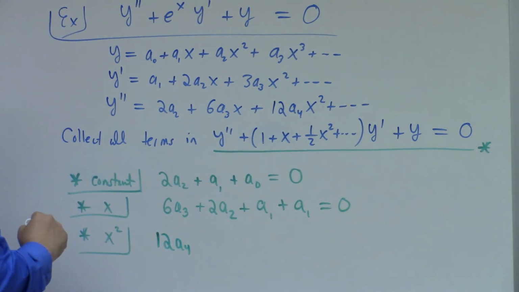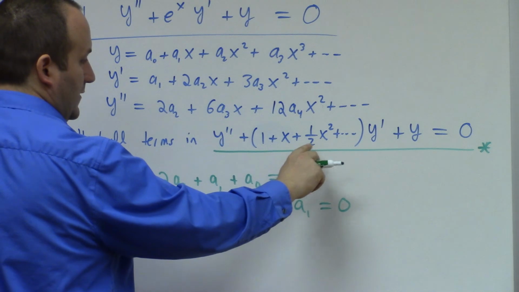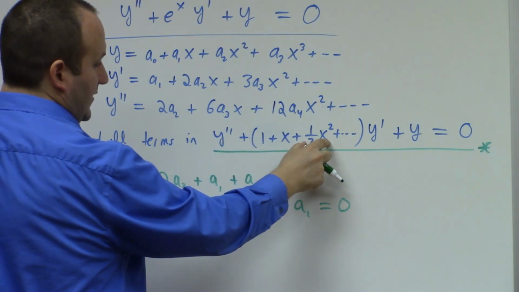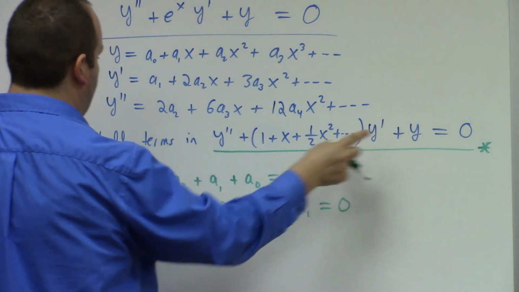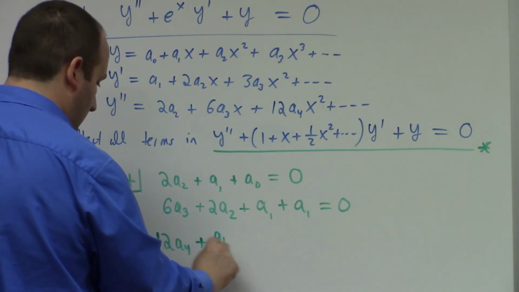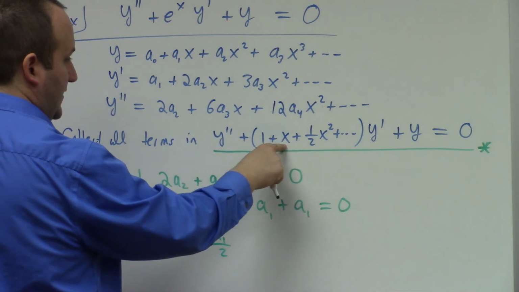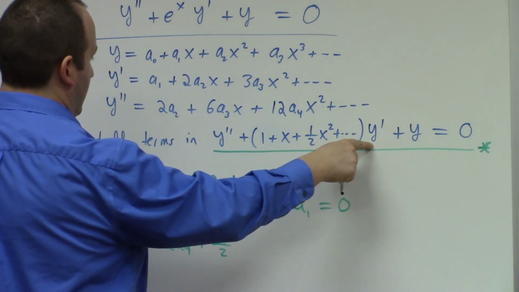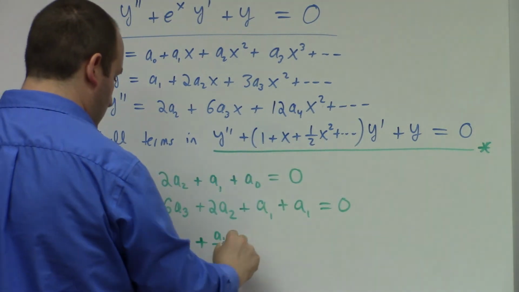And then where else do I get an x squared term? From here, right? So one place I can get it is from the x squared divided by 2 times the constant term in y prime. So that gives me plus a1 over 2, right? Then if I look at x times the x term in y prime, I get plus 2a2.